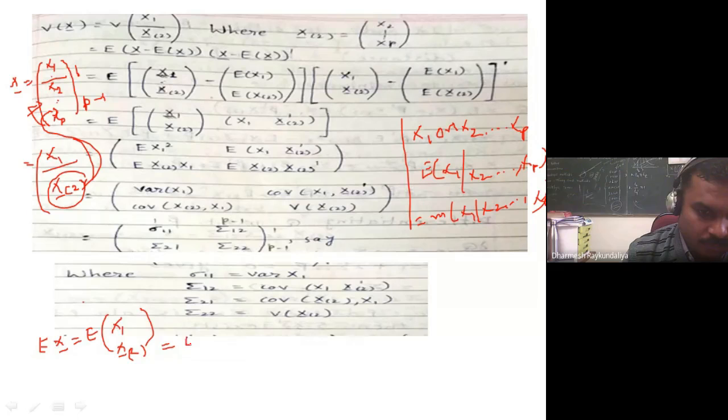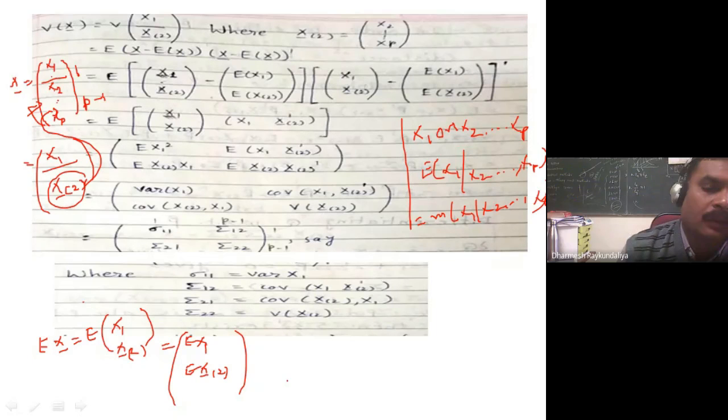So it is as good as expectation of x1, expectation of x2. Whatever mean you have taken, suppose you have taken 0, then this becomes entirely 0. X1 is 0 and this also has 0.